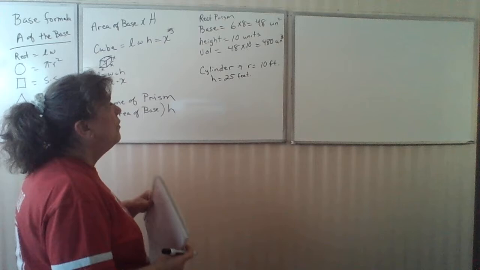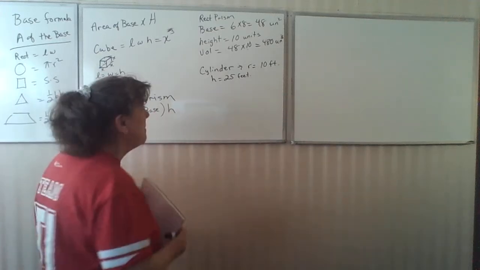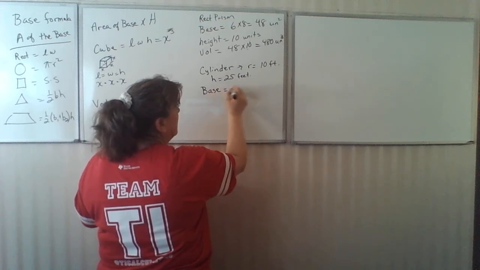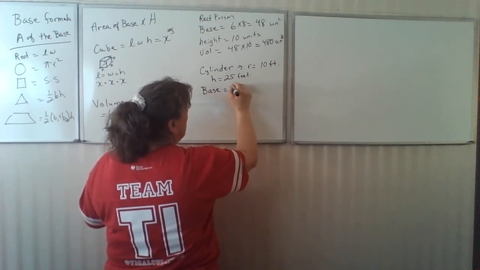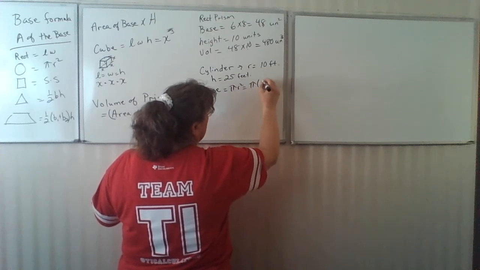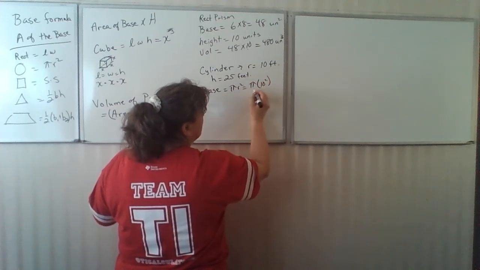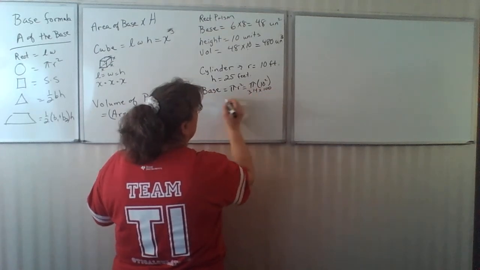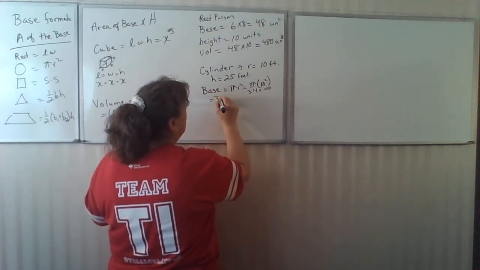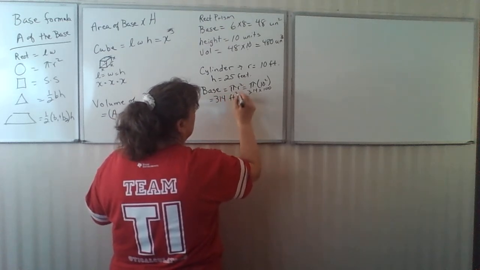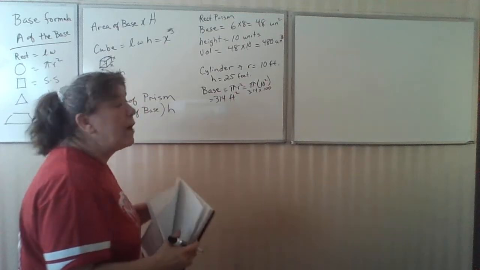So now, what is going to be the area of my base? The area of the base is going to be the area of that circle, which is pi r squared, which is pi times 10 squared, which is going to be 3.14 times 100. So my base is going to be 314 square feet. That's how much is in one base.